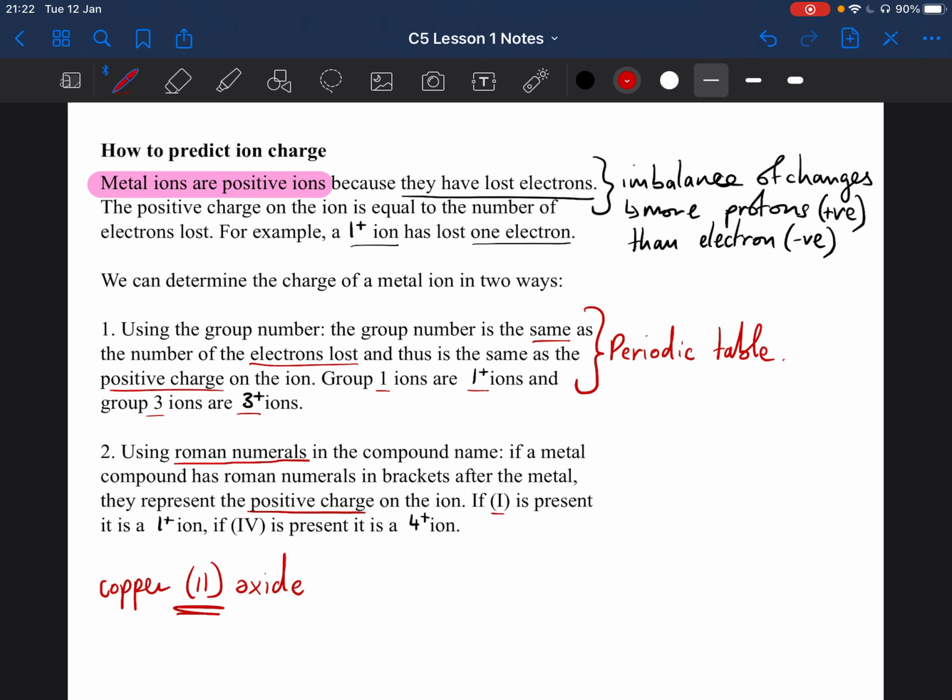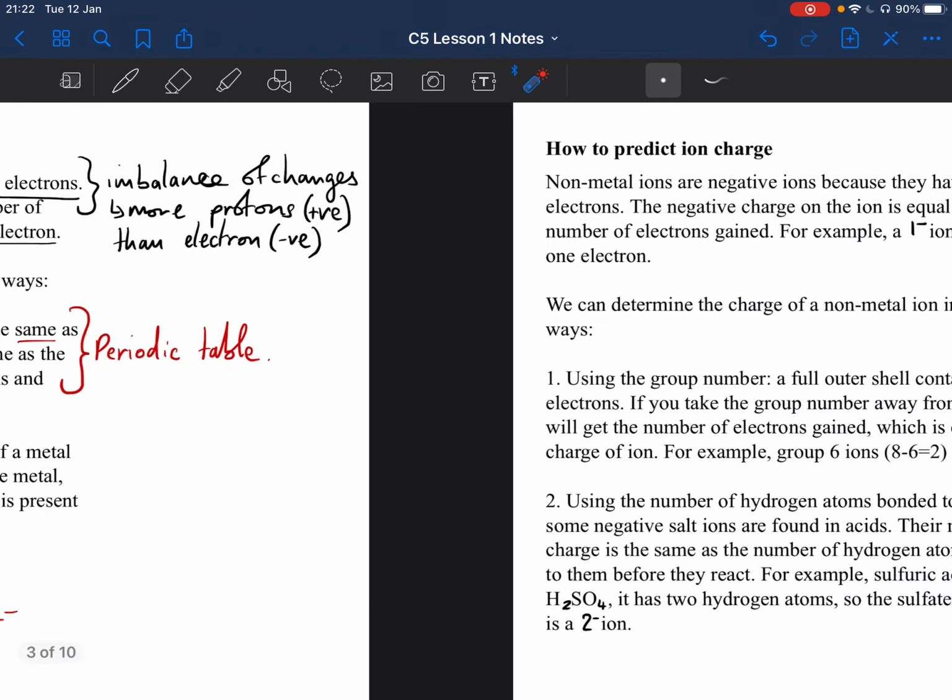So if you have a 1, it's a 1 plus. If you have a 4, it's a 4 plus. In this one, it's a 2, so you have a 2 plus charge on your copper. So this chemical will be made of Cu2+ and O2- ions. So we can use both of these methods to help us work out the charge on an ion.